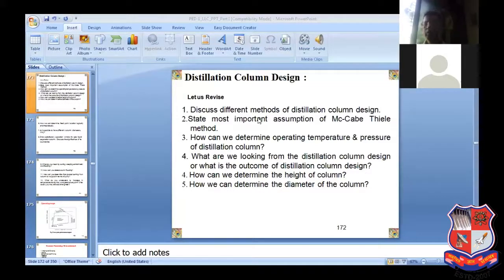So as output of distillation, we need to give final height and diameter, the number of trays, flow rate, temperature, pressure, we need to determine.